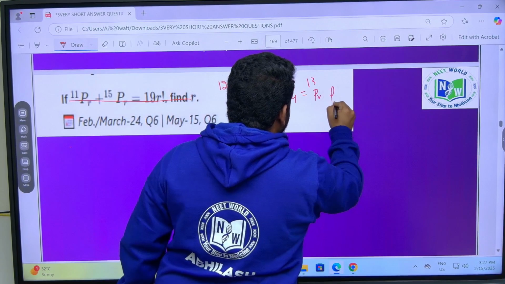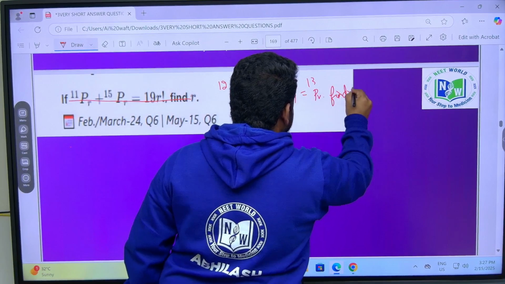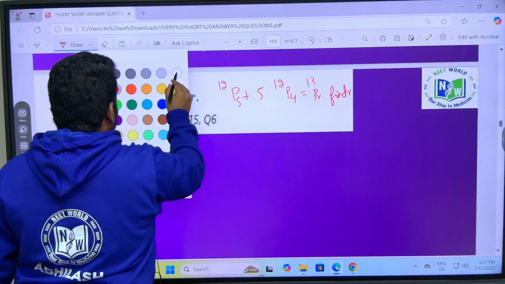They are asking to find r. This is the question. Alright, friends, let us solve this.